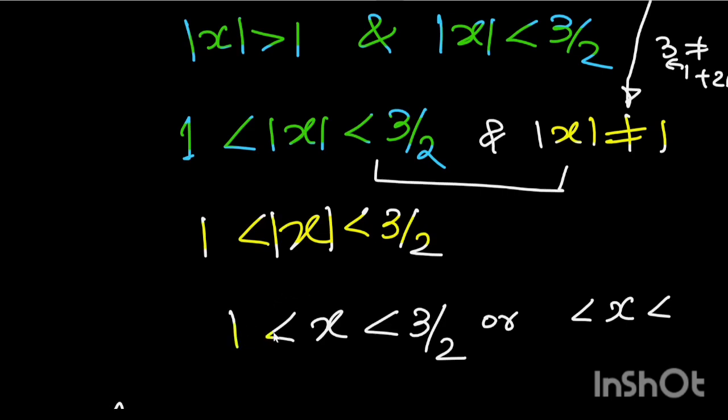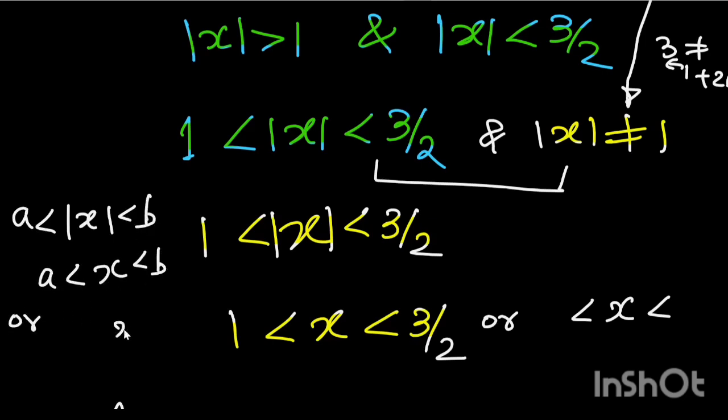We can write it as 1 to 3 by 2, or do you remember the formula? If mod x is between a to b, then x is between a to b, or x is between what? Minus b to minus a. So this is a, this is b.